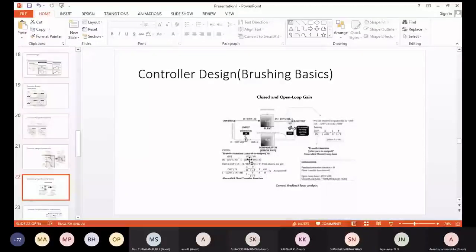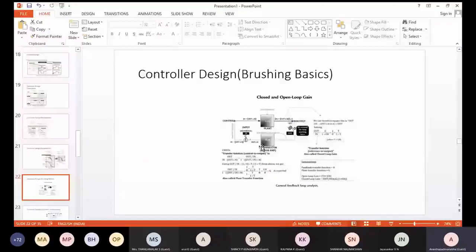Usually there is confusion, especially for students. Whenever we say open loop gain and closed loop gain, it misleads us into thinking that there are two things: when the control system is open loop, one kind of gain, and when closed loop, another kind of gain. No, it's not like that. We are discussing a closed loop system, but even in a closed loop system we use two terminologies: closed loop gain and open loop gain.